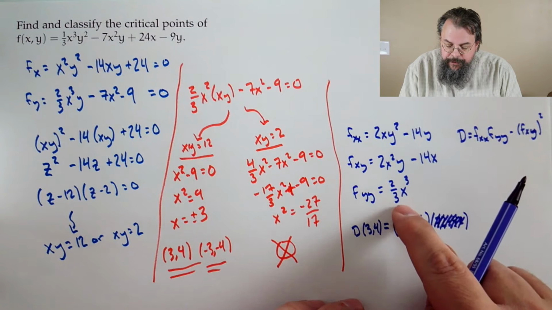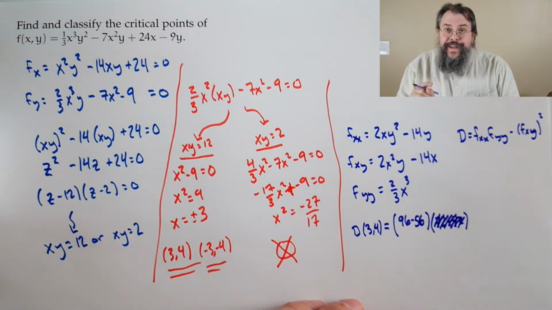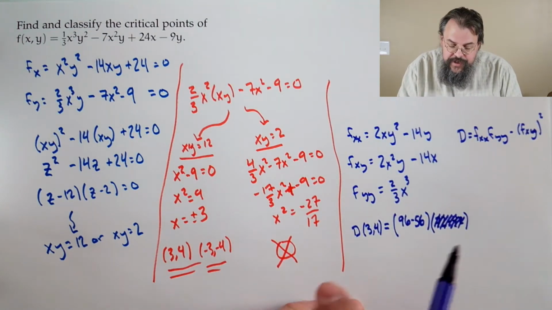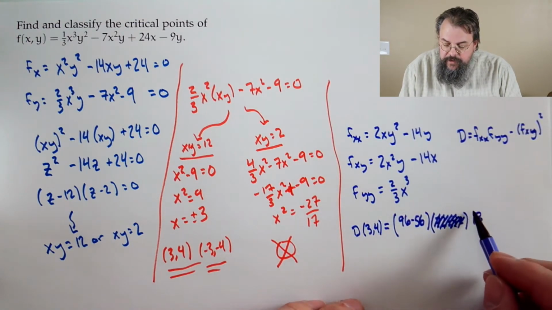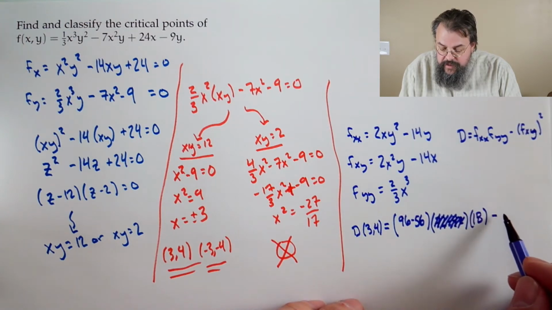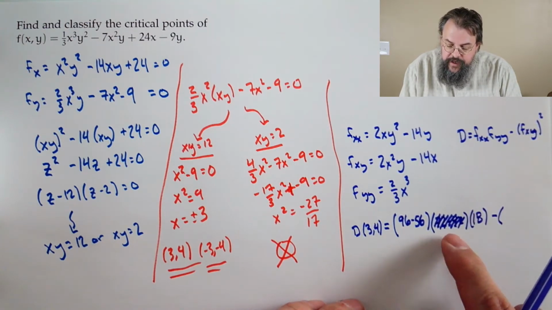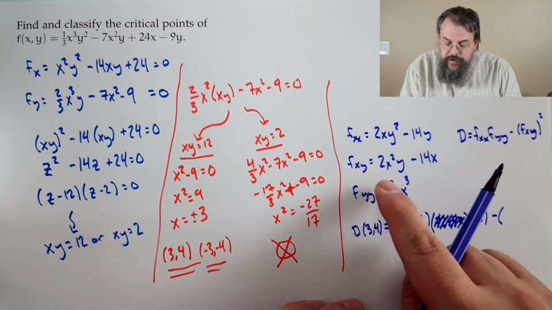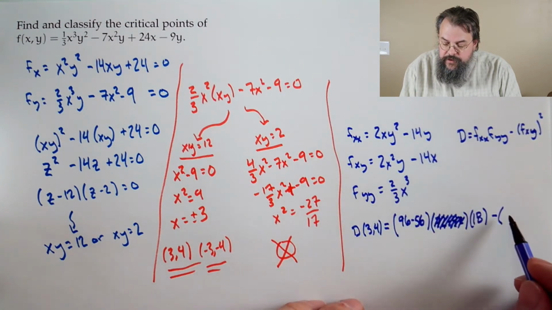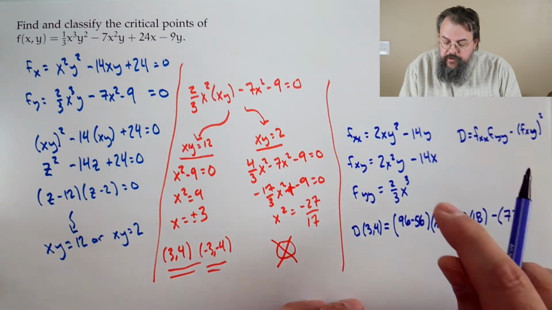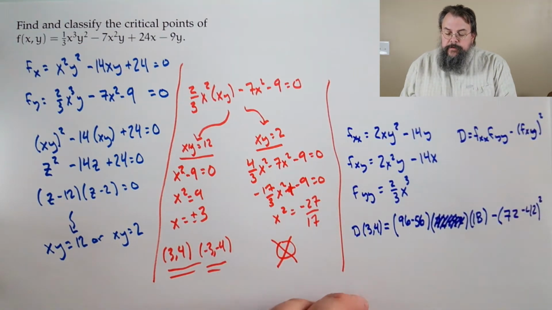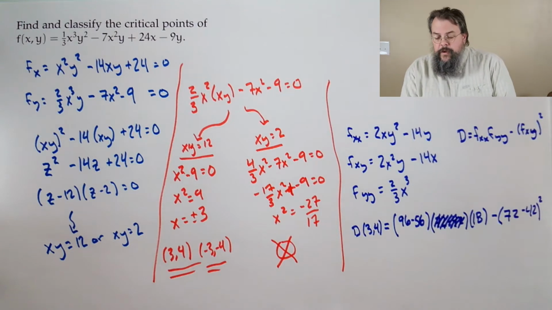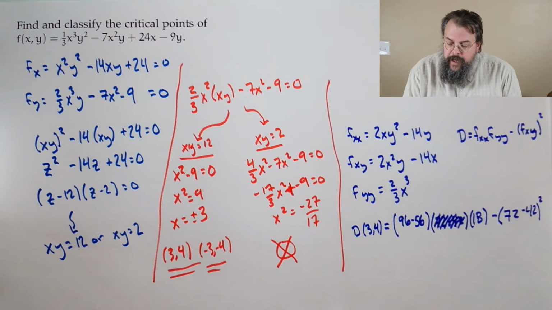That's the fxy. That's what we're going to put over here. The next term is the fyy, 2/3 x cubed. So that's 2/3 times 3 cubed. All right, well, that's 18. So that's what goes next. 18 subtract. Now I regret crossing that out, but that's okay. Remember, it's 2 times 9 times 4, which is 72, minus 14 times 3, which is 42. And that's going to get squared. Okay, well, what happens?